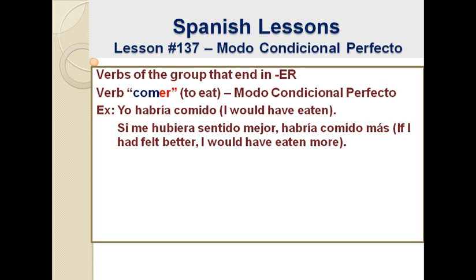Si me hubiera sentido mejor, habría comido más. If I had felt better, I would have eaten more. Here we have an example of Modo Condicional Perfecto using the verb comer or to eat.